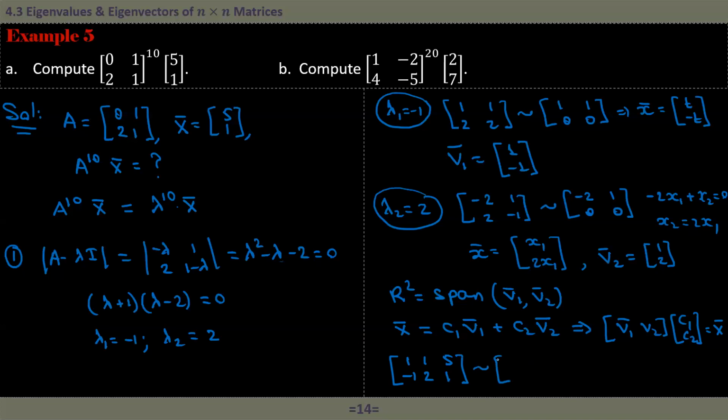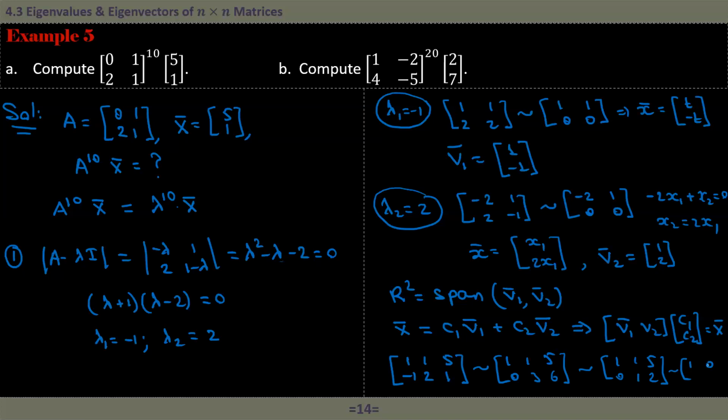So you just add the first row to the second row. Here we have 1, 1, 5, and here we have 0, 1 plus 2, which is 3, and 5 plus 1, which is 6. And I can multiply the second row by 1 over 3. So here we have 1, 1, 5, 0, 1, 2. And multiply the second row by negative 1 and add it to the first row.